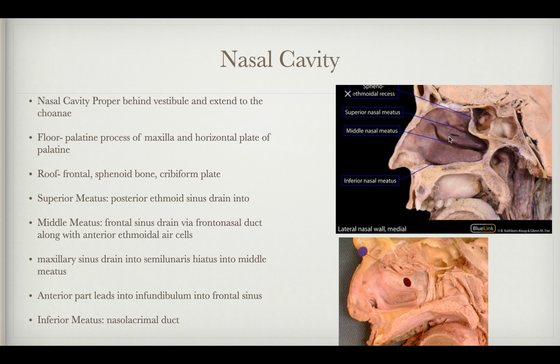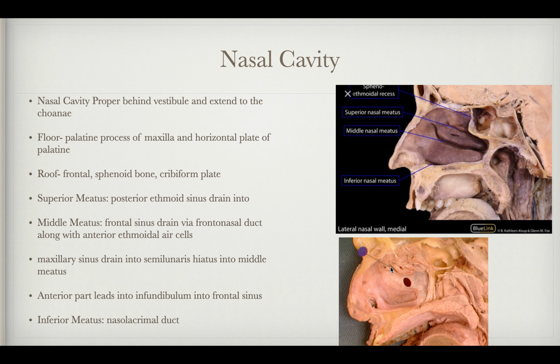So the frontal sinus will also drain into it via the frontal nasal duct, along with all the anterior ethmoid air cells. The maxillary sinus will also drain into the middle meatus via the semilunaris hiatus. As you can see here, it's quite small.